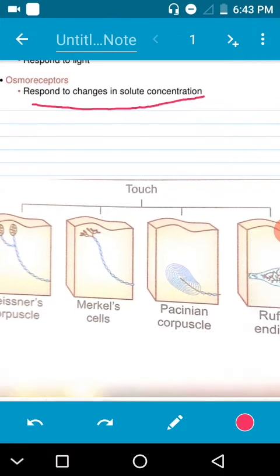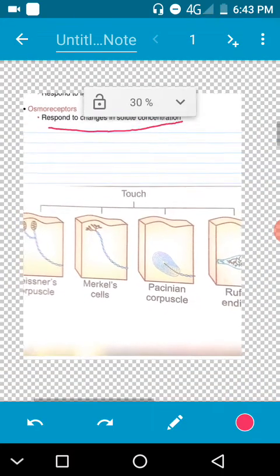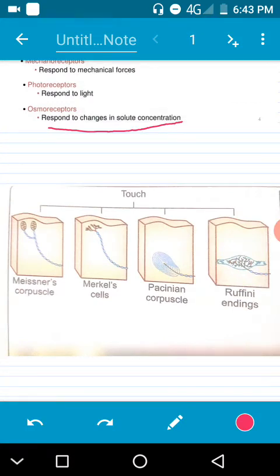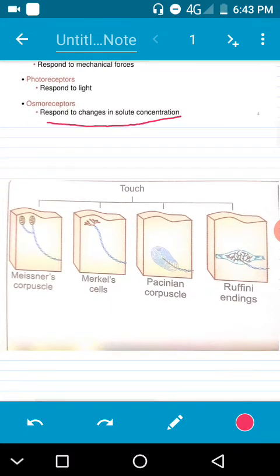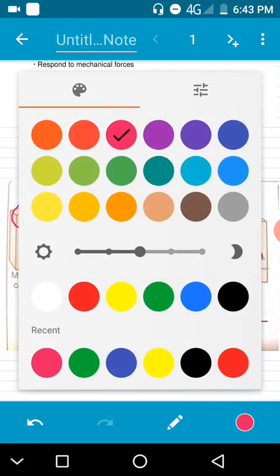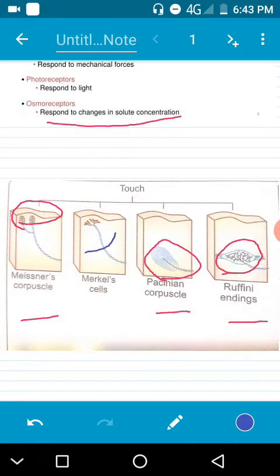So as I told you before, mechanoreceptors, though the category looks simple, the sophistication that leads them to carry out different functions is enormous. For example, you can see here that the Meissner's corpuscle, Pacinian corpuscle, and Ruffini endings have something like a capsule here, whereas the Merkel cells lack the capsule.